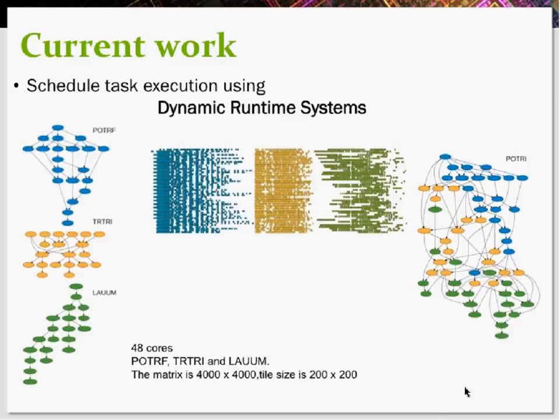Let's say you have an algorithm that is in blue, and you have to schedule this on the available ports. You do something like this, but then you wait until everybody finishes, and then you start your part of the algorithm in yellow, and so on.